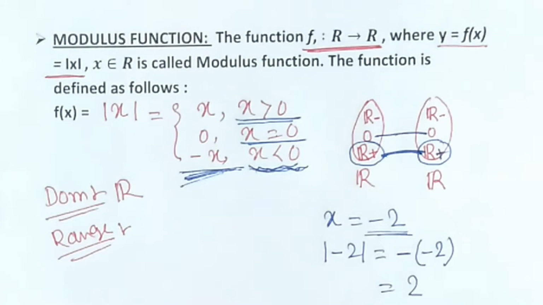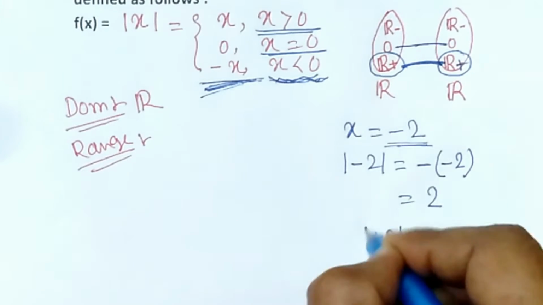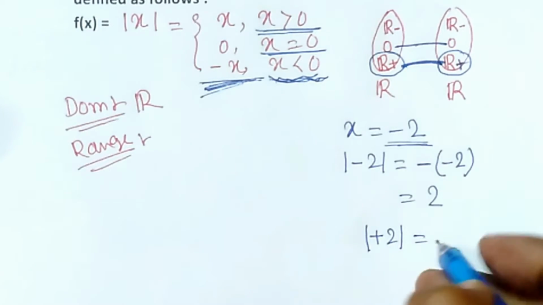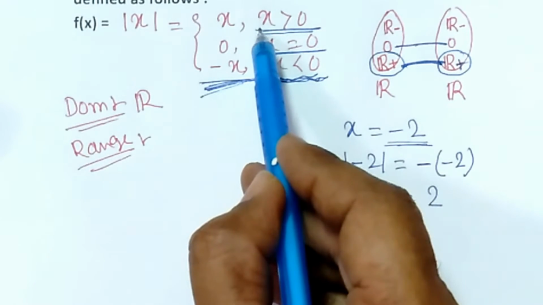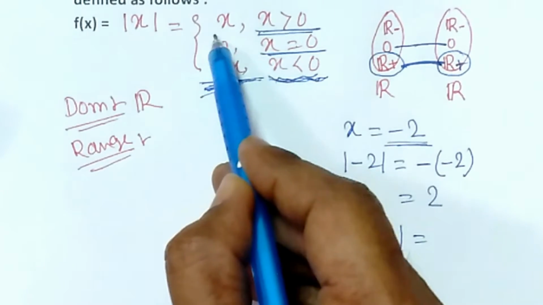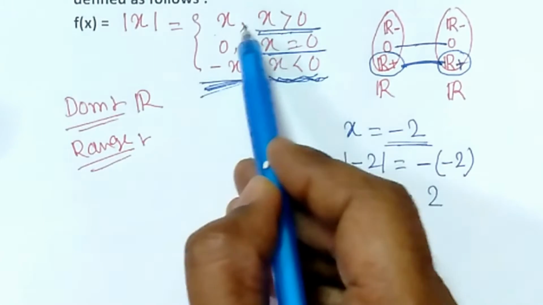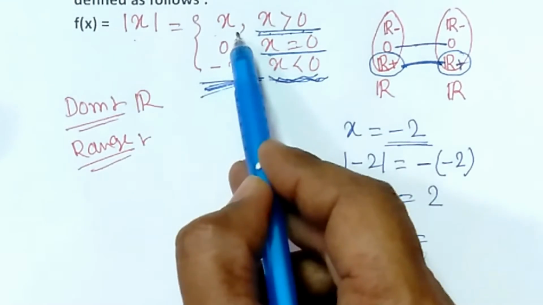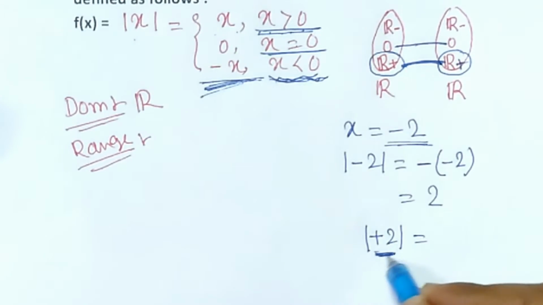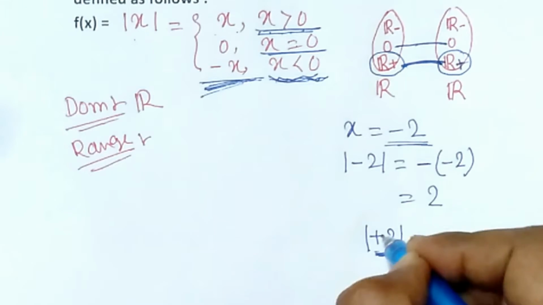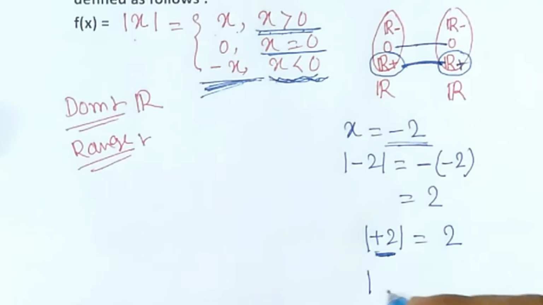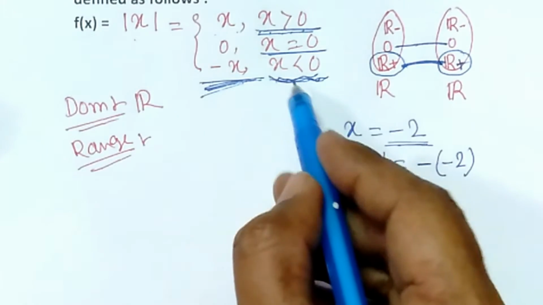So if we choose positive 2, then by this definition, positive 2 will lie in this condition: if x is greater than 0, then mod x is x. So here x is greater than 0, so the value will be x. What is x? x is 2 here, so this will be 2. If we take minus 3, mod of minus 3. Now look, minus 3 is negative.